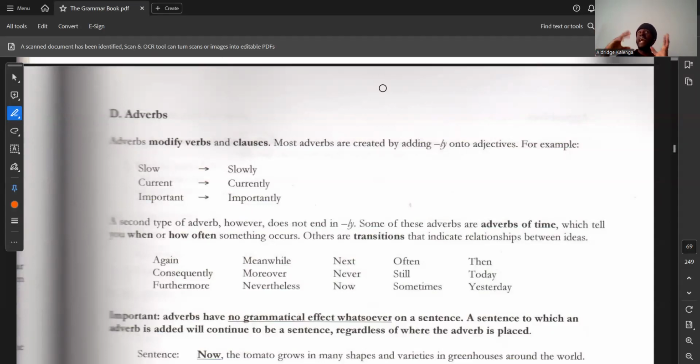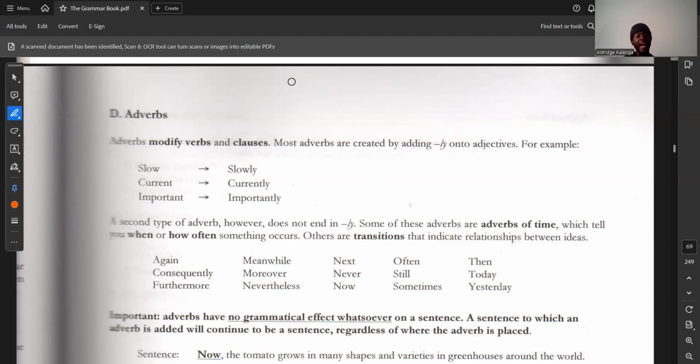And I said today is an adverb. Remember, we combined physics and English. If it's a sentence, it's going to be a sentence. If it's a fragment, it's going to be a fragment. You can take out an adverb, you can put in an adverb, you can put it at the beginning, in the middle, or at the end. A sentence will remain a sentence unless acted upon by some other punctuation, right?